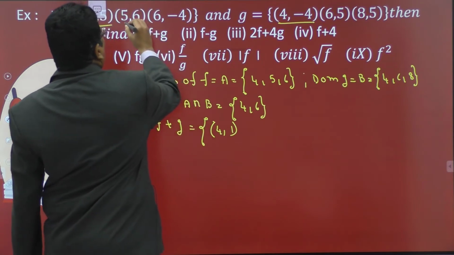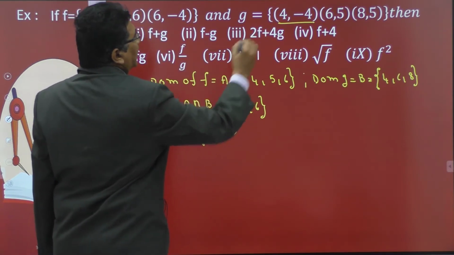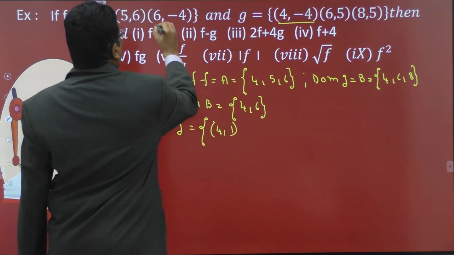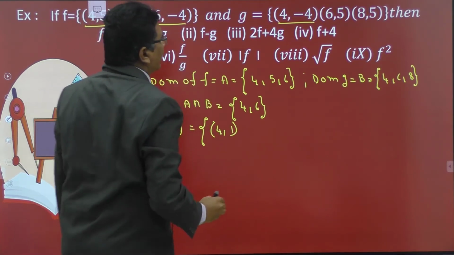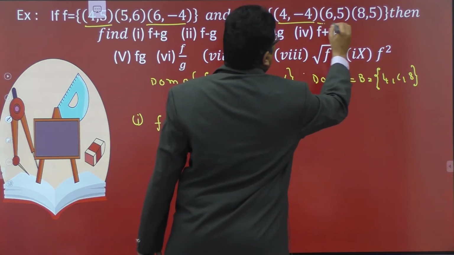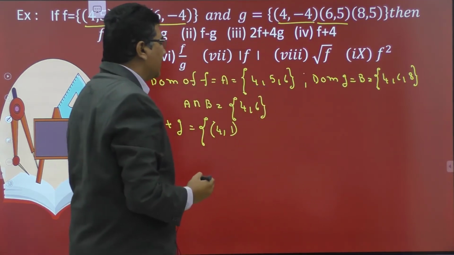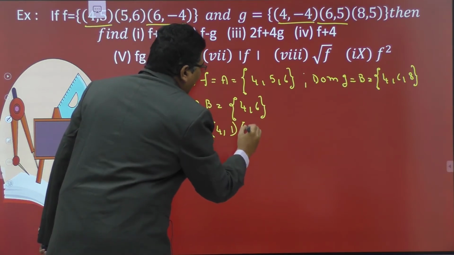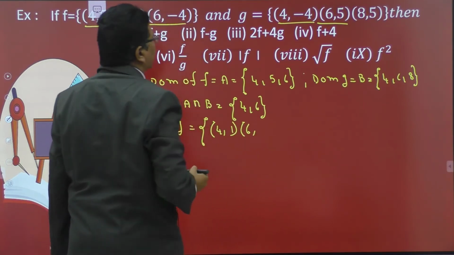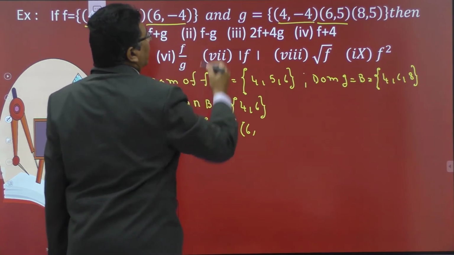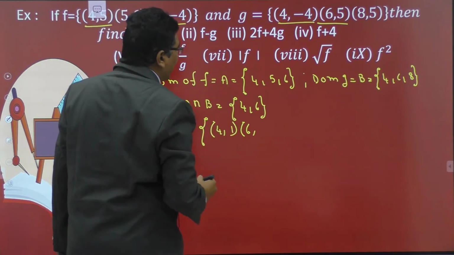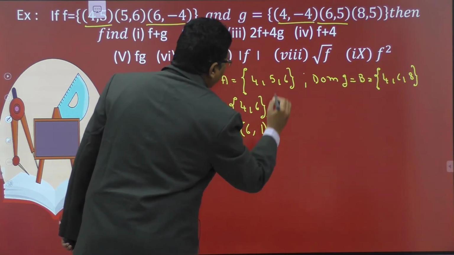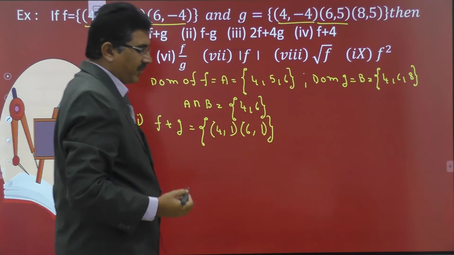Now here (5, 6), but 5 is not present in g. Now (6, -4) and (6, 5). Adding these two ordered pairs, the first component cannot be changed, that is 6. Adding the second components, minus 4 plus 5 is equal to 1. This is f plus g.